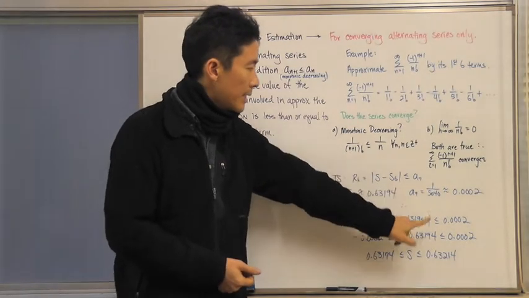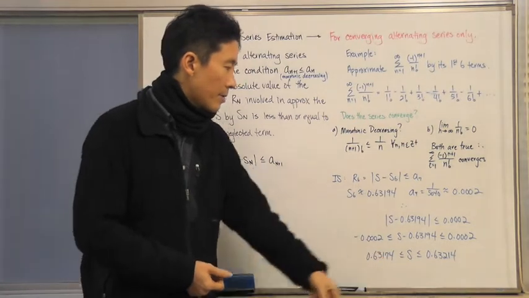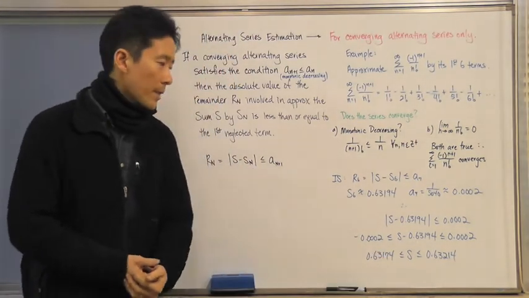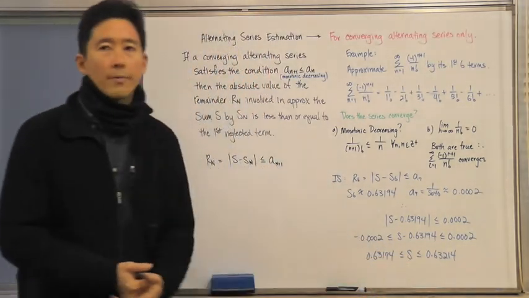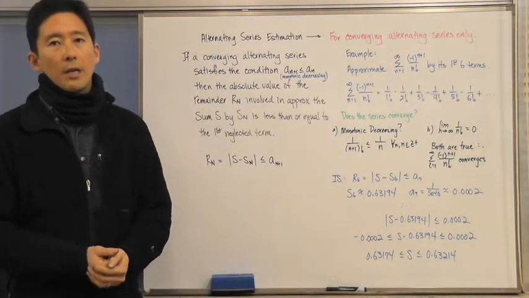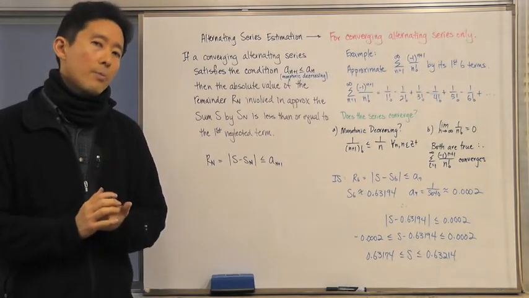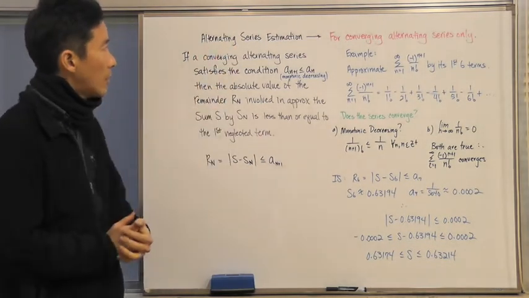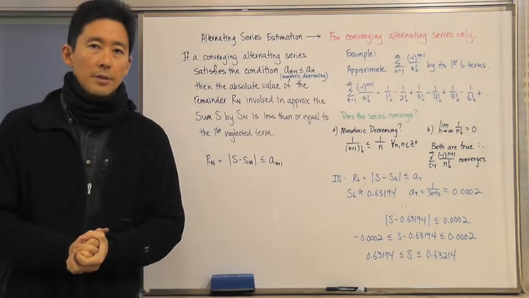It's got to be less than a sub 7, which is going to be that. And again, all I have to do now is solve the inequality. And I know that the sum is going to be someplace within this range of values. So again, notice what's happening is that we're not actually finding the sum, but we're approximating it. And that's the whole idea of approximating an alternating series that is convergent.